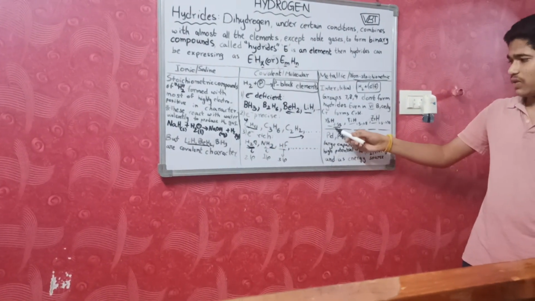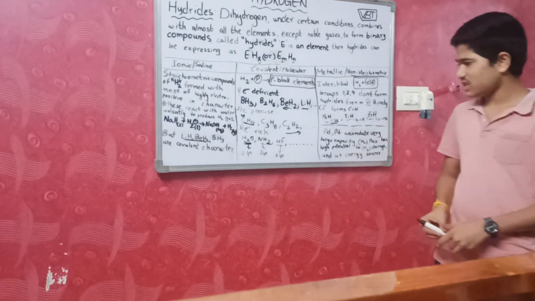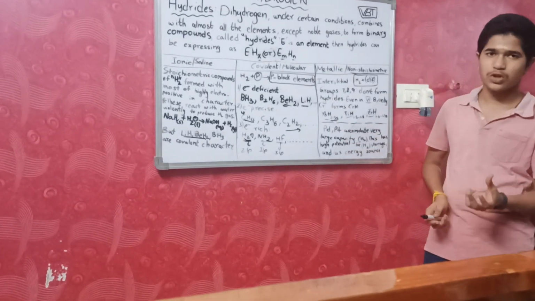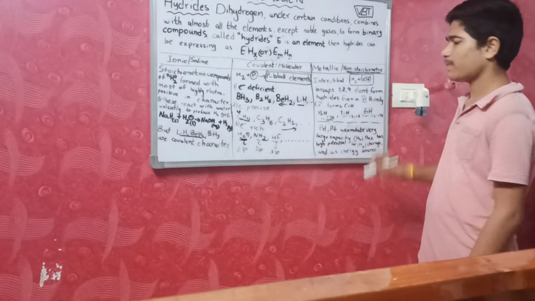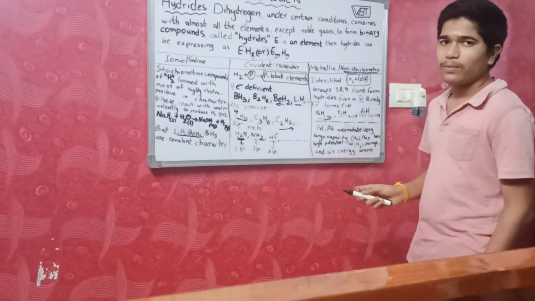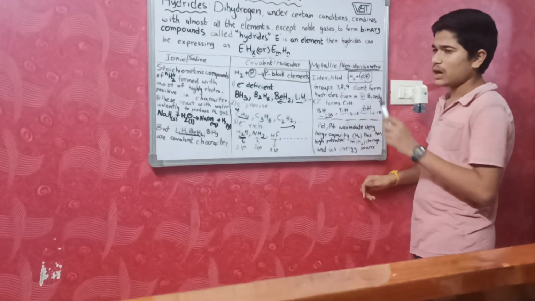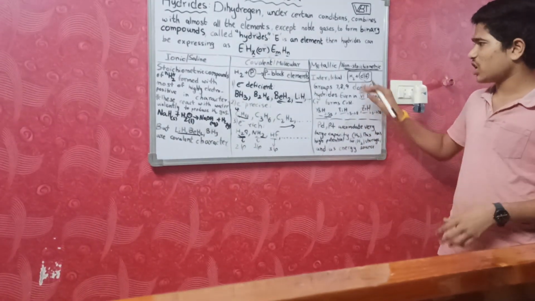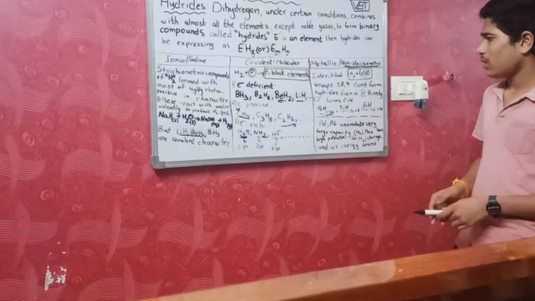But this is not a specific whole number, which is 2.55. As this is not a specific stoichiometric coefficient, these are set as non-stoichiometric hydrides. But as we know, d block and f block elements form non-stoichiometric hydrides by reacting with dihydrogen.